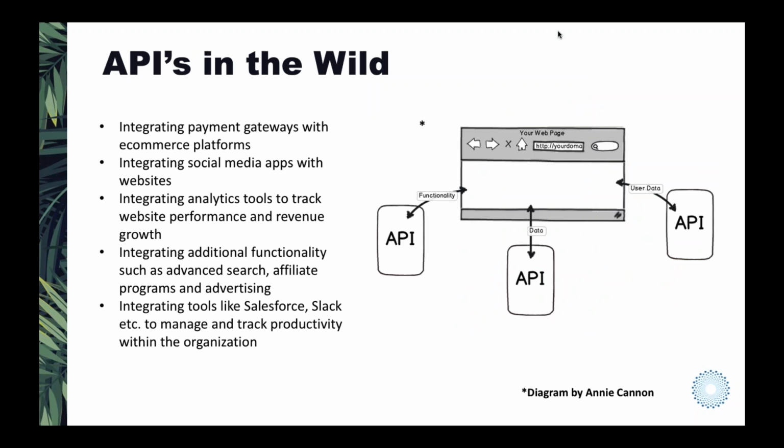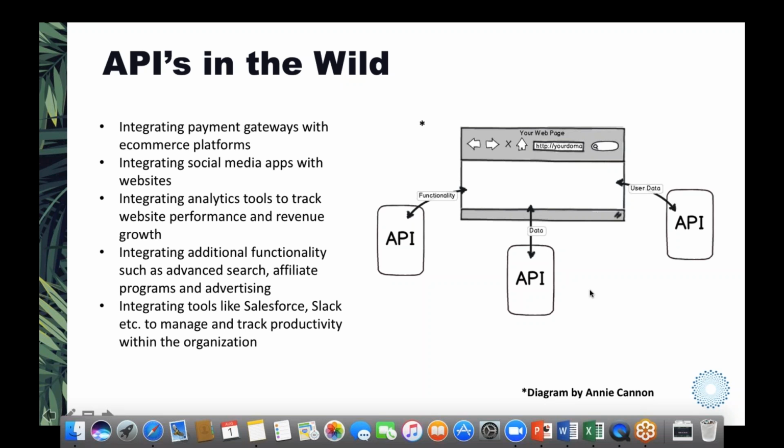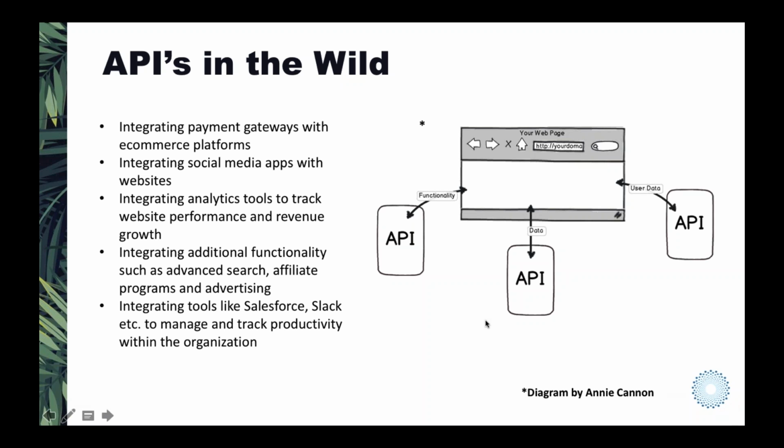So, APIs in the wild. I talked about the fact that you probably use them every single day. Common examples of where you see APIs being used today are payment gateways, whereby you're on an e-retail or e-commerce site about to check out, you hit that payment button, your credit card balance goes up, and your payment is sent over the wire using APIs.